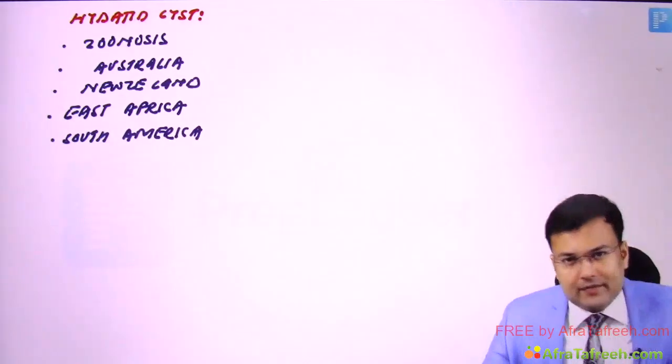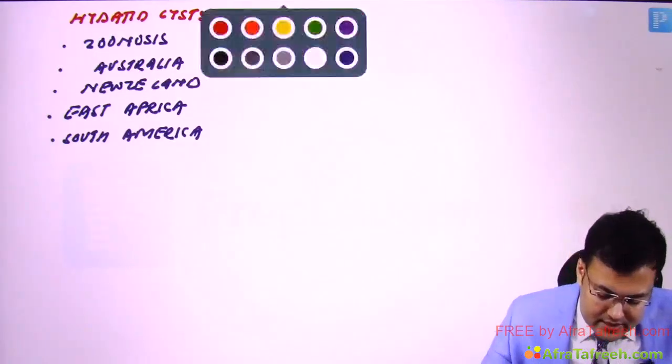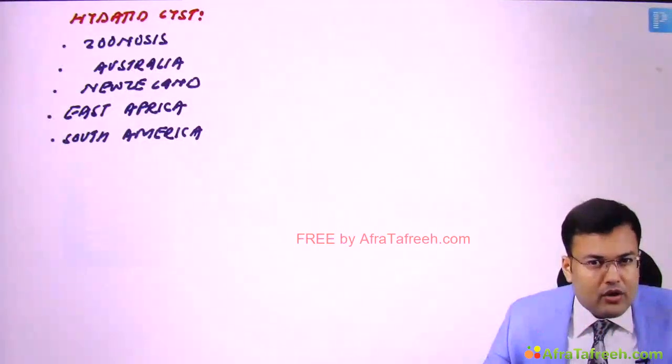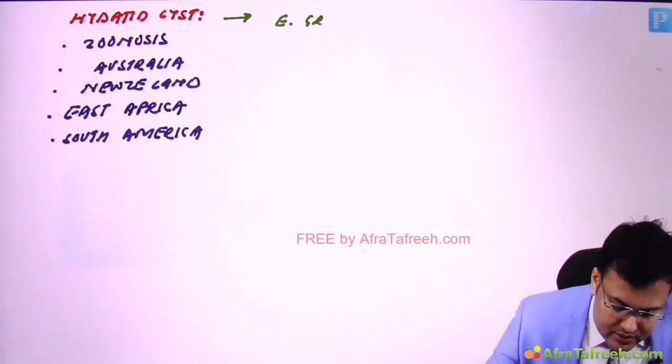Clear? So this is infection of animals mainly seen in sheep grazing areas. Now question is asked, what is the most common organism responsible for hydatid cyst? The name of organism is Echinococcus granulosus.